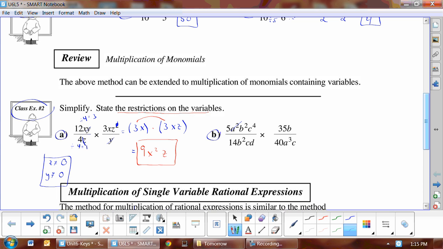Okay, so what should we have on the bottom here? Perfect. Okay, and Teresa, give me some other common factors. The C? Yep. So where should we be crossing the C's out?